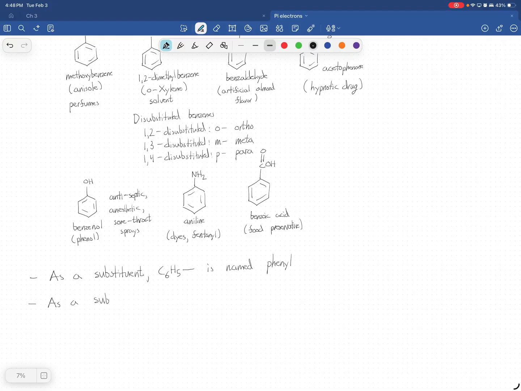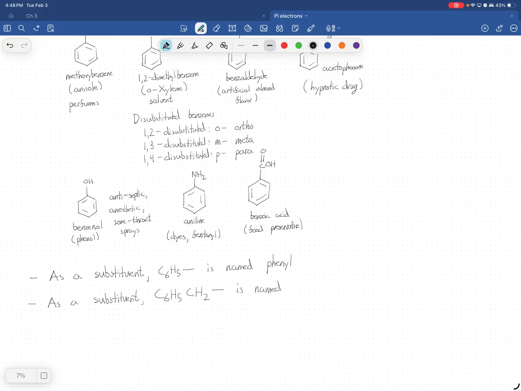Now, if you have a benzene ring, and it's bonded through one carbon atom, this looks very similar to an allylic group, one carbon over from the double bond. So this is called benzyl.